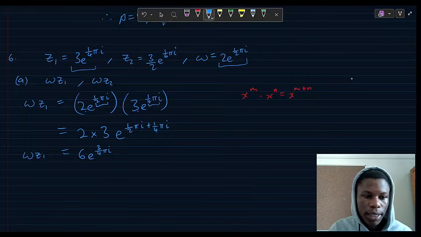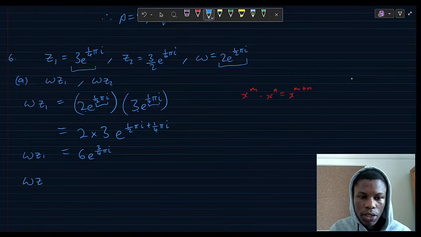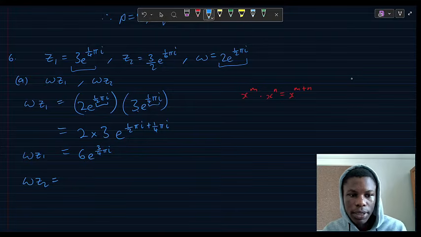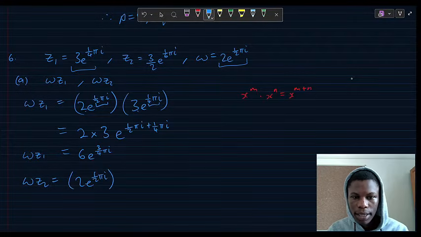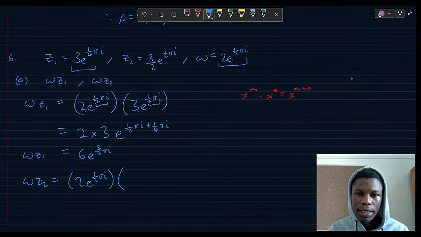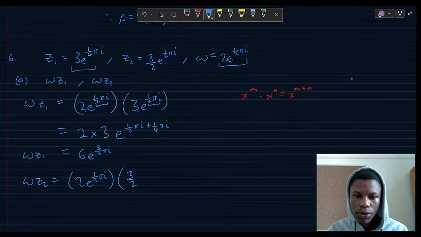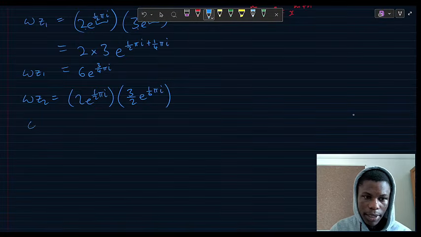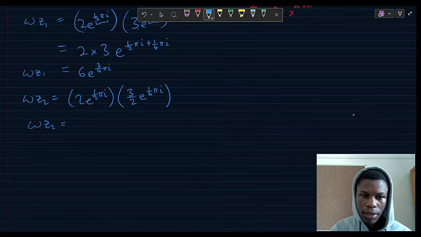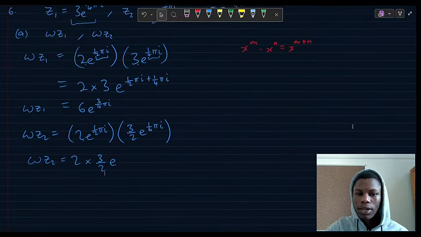Now we need to find omega z2, which is going to be, what is omega? Omega is 2e to the half pi i, and this is multiplying z2, which is 3 over 2 e to the 1 over 6 pi i. And so again, same idea. You're going to multiply the moduli, so 2 times 3 over 2. And then we want to use laws of indices on the e there.